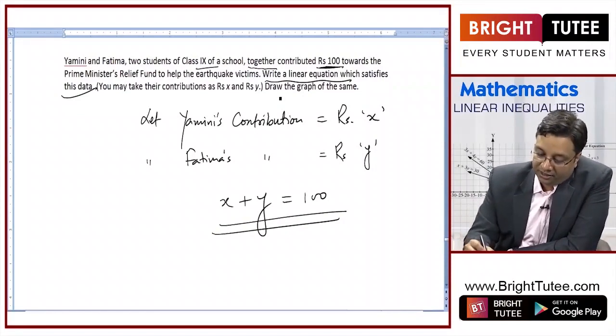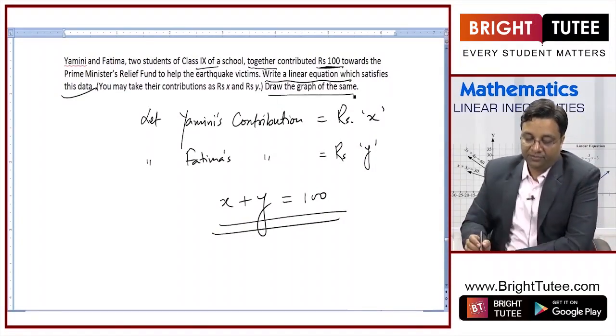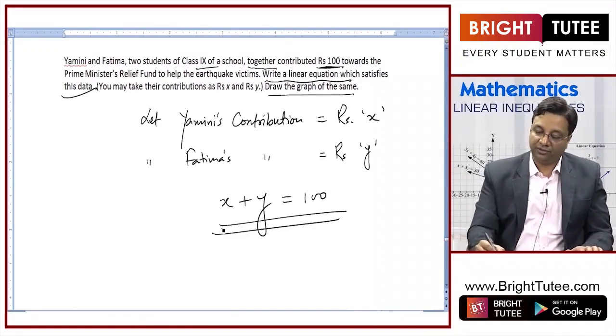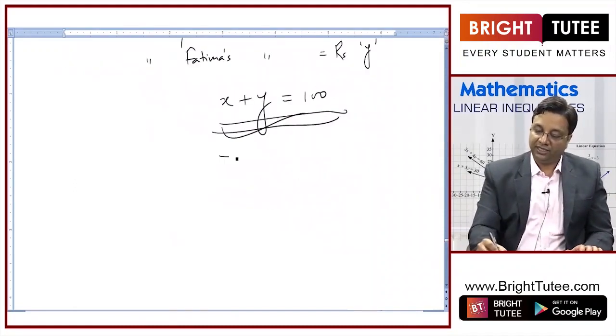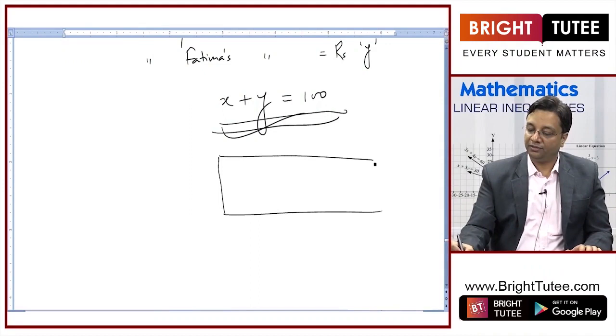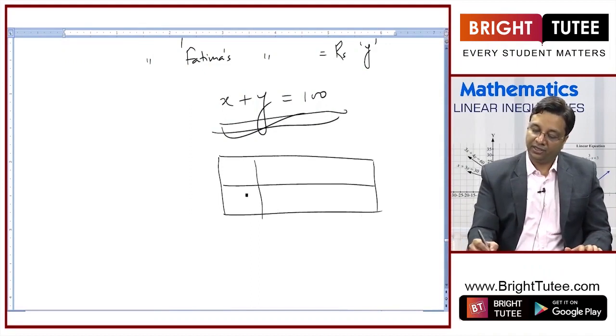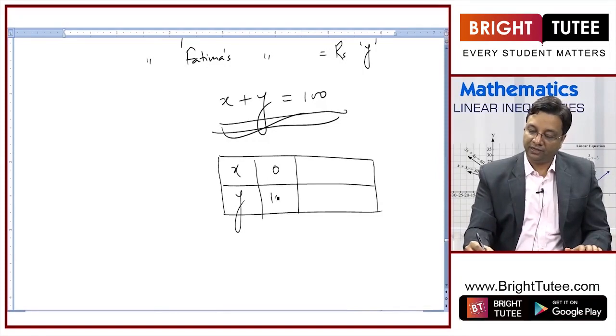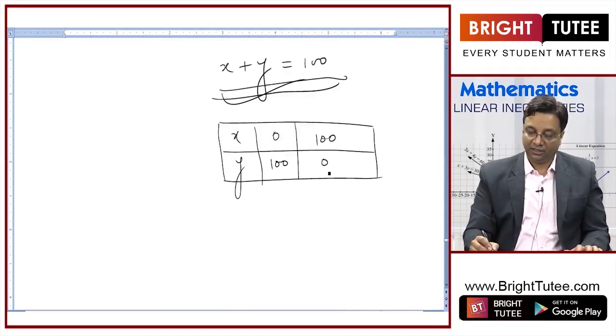So this is the linear equation which satisfies this data. Okay, now draw the graph of the same. So we just need to draw a graph for this equation, which we can easily draw by making this table here. Write value of x and y. If I put x equal to 0, y will be equal to 100. If I put y equal to 0, x will be equal to 100.